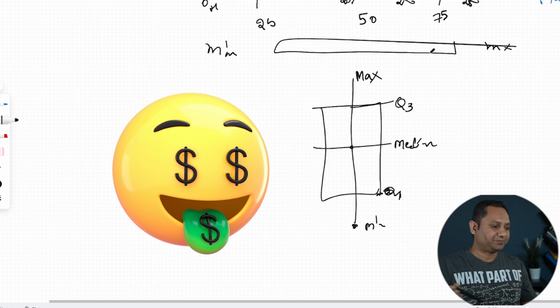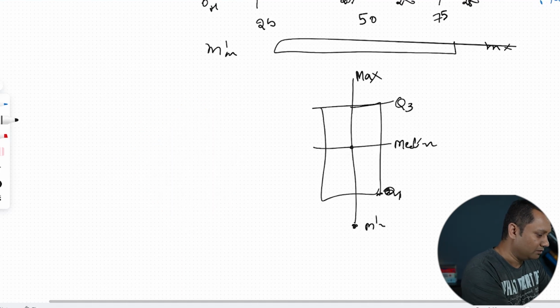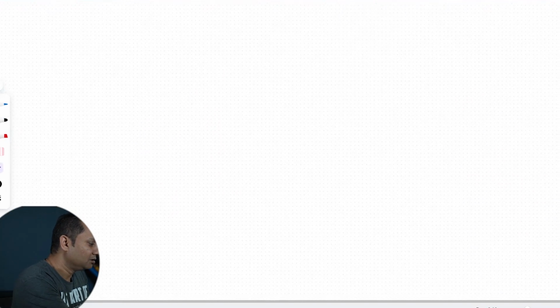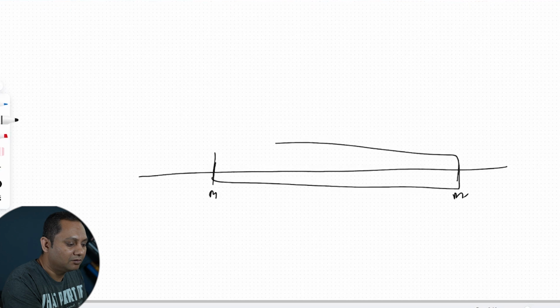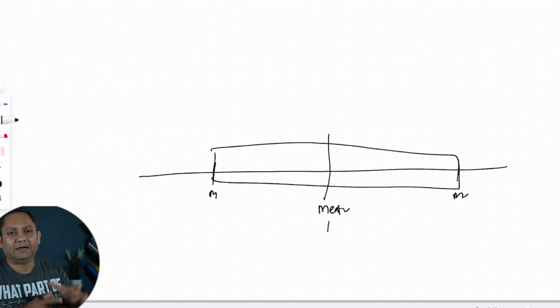Now let's move on. So our journey is not yet over. We are still missing one thing in the distribution, because by knowing the min, max, and interquartile range, I know the spread of my data, and by knowing median or mean, I know the center of gravity, or the central point that is representative of the entire data set.